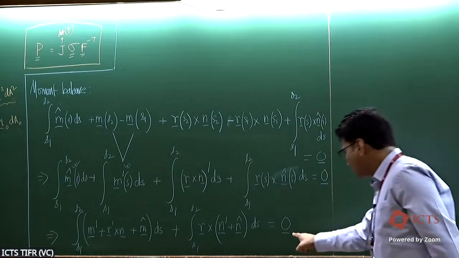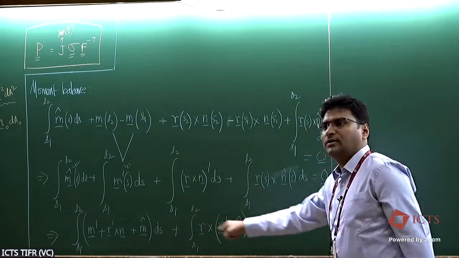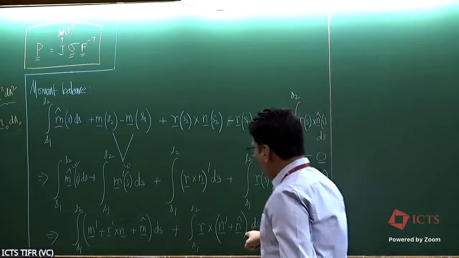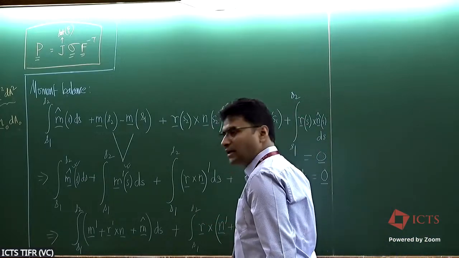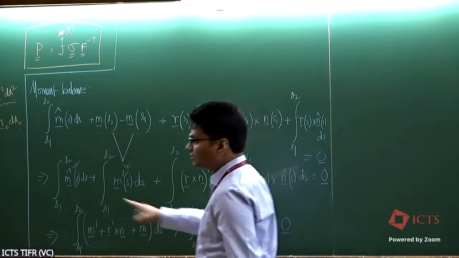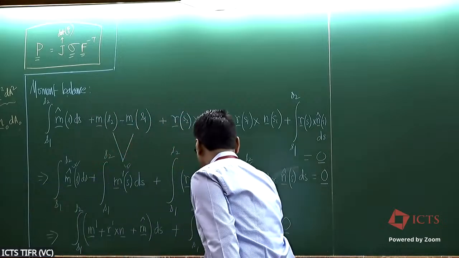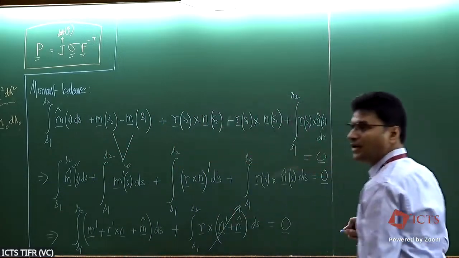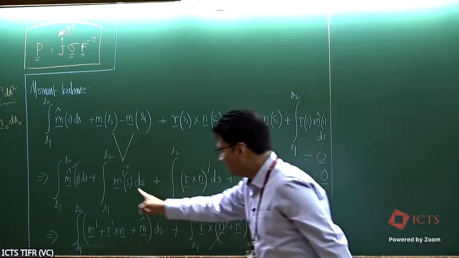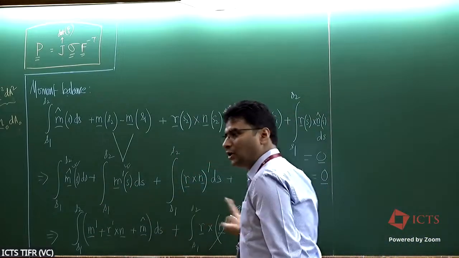It's not the scalar 0, it's the vector 0, because everything is vector here. And see that you have here n prime plus n hat, which vanishes due to the force balance equation. This goes away. And finally, you just have this term remaining equal to 0.